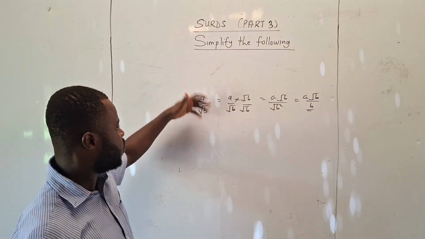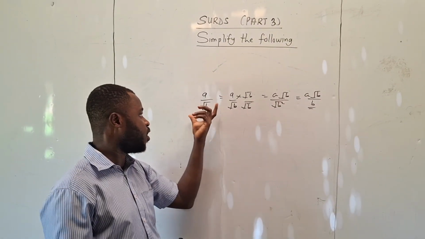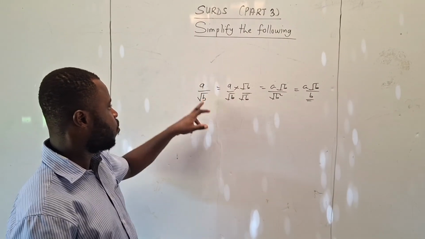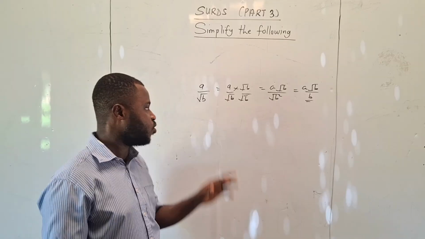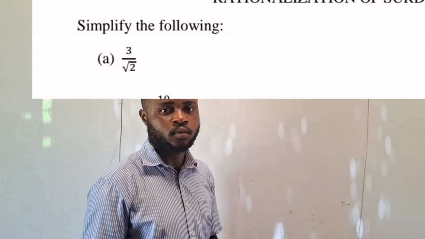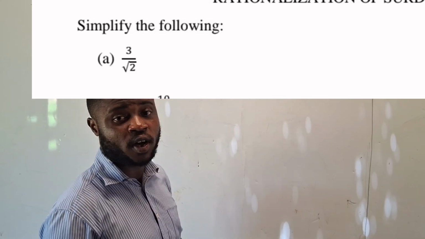So whenever you see a question with a square root as a denominator and as a single fraction, multiply both the numerator and the denominator by this. Without wasting time, let's take a question on that. We have to simplify 3 over root 2.